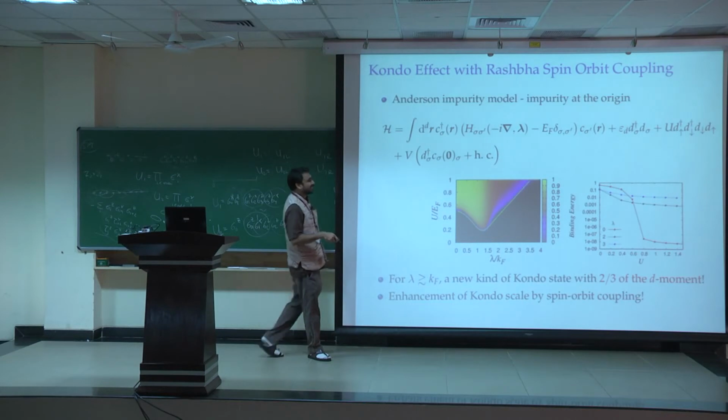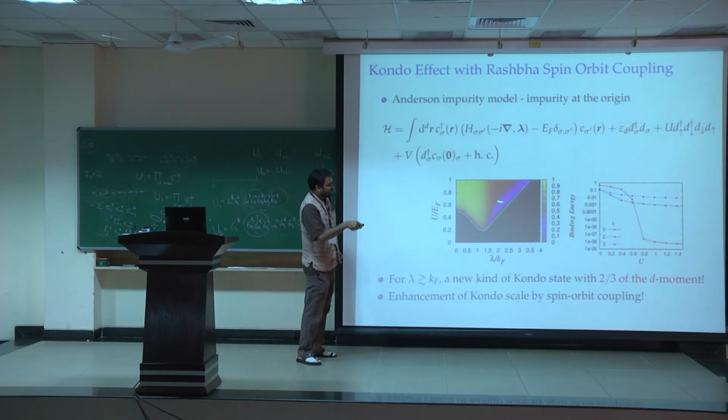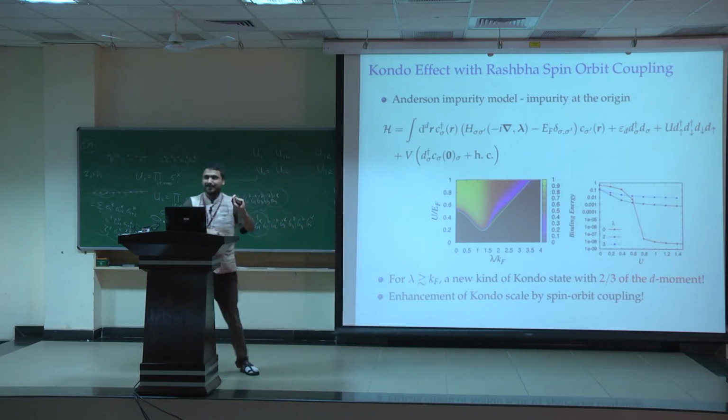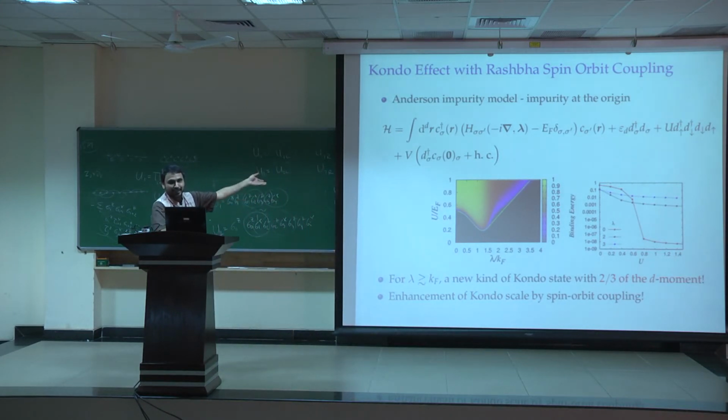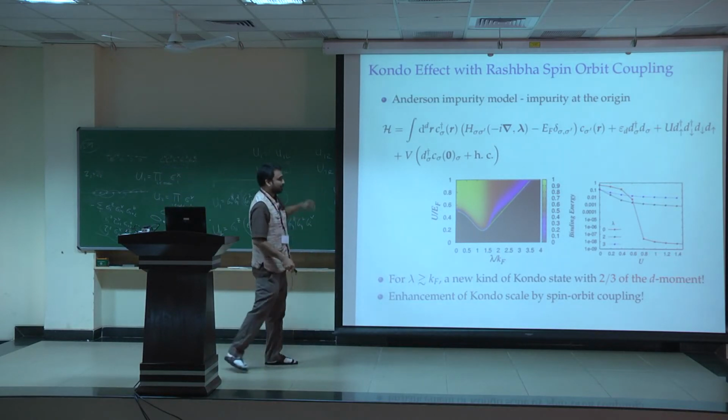And the remarkably interesting thing is the following, that the moment in this regime of Kondo effect is 2/3 the moment of the d electron that you would get otherwise. Okay? Again, I can discuss what is the physics of this maybe later.